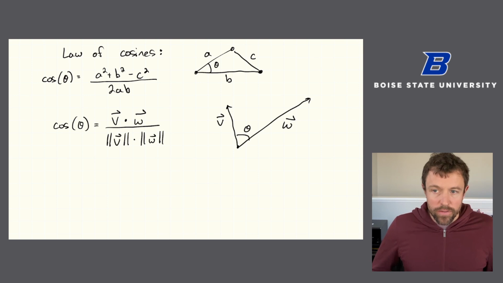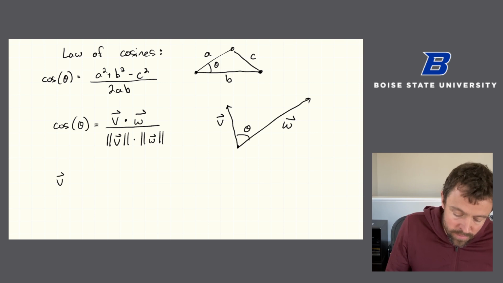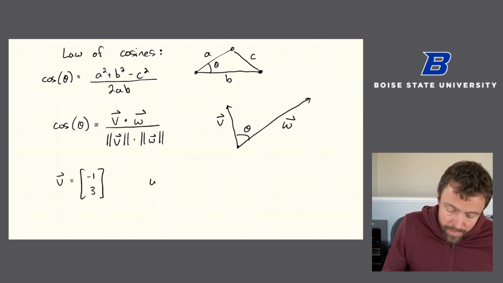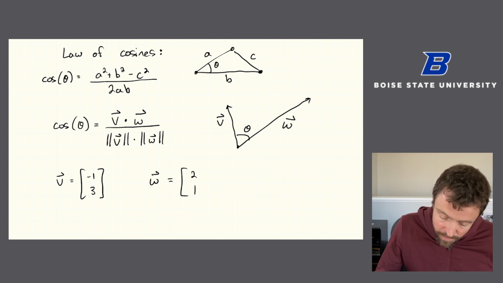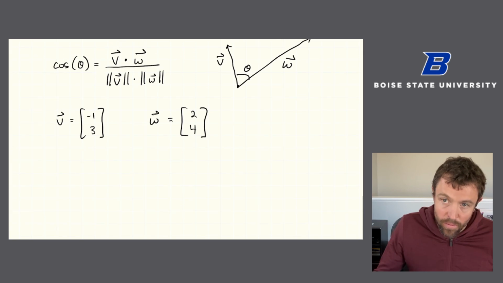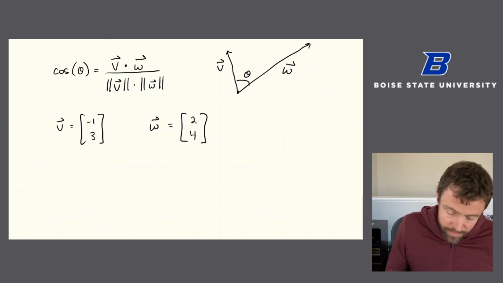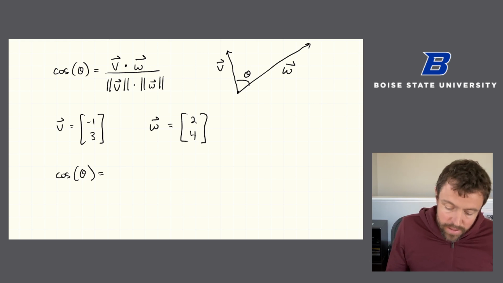But what I want to do is go in and figure out the angle for our example. So in our example, v was the vector -1, 3, and w was the vector 2, 4. And what we get here is that the cosine of the angle between them is v dot w.